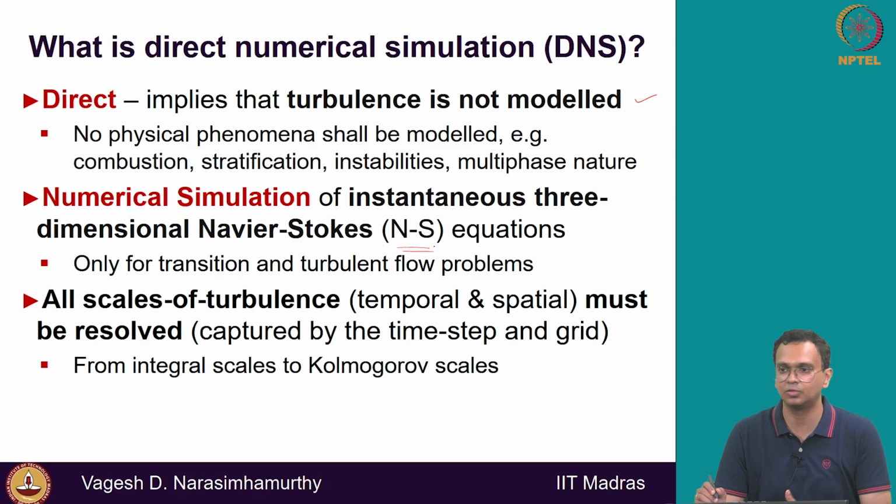Sometimes you do two-dimensional or one-dimensional flows. This is not allowed, because we already defined that turbulence is three-dimensional and unsteady. This also implies that DNS is applicable only for transition and turbulent flow problems, because for a laminar flow, there is nothing like an indirect method.